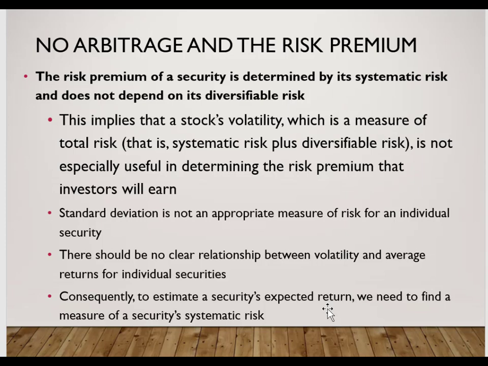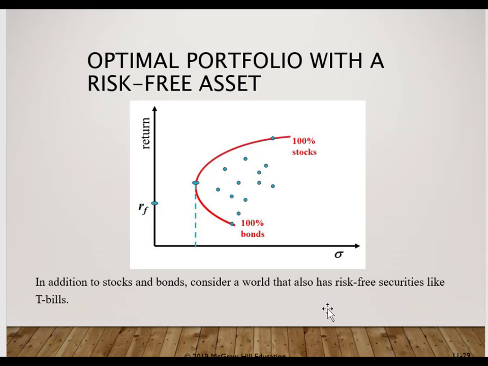So let's see how we may work our way through thinking about building an optimal portfolio. Now we're going to combine some securities. We're going to combine risky securities, a portfolio that has risk, with the risk-free rate of return.